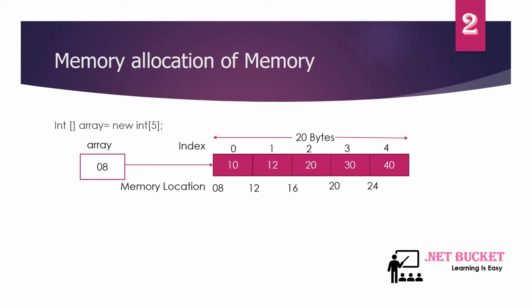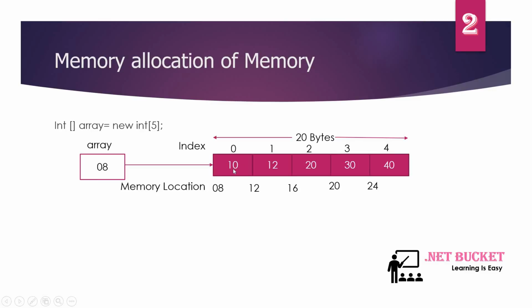Since we know an integer is of size 4 bytes, whenever you say you want to access the 0th index, internally C# will take this value 8 and add the index 0 into 4, because 4 is my integer size. So 8 plus 0 into 4, which is 8. At the 8th location I should be able to get the value 10.